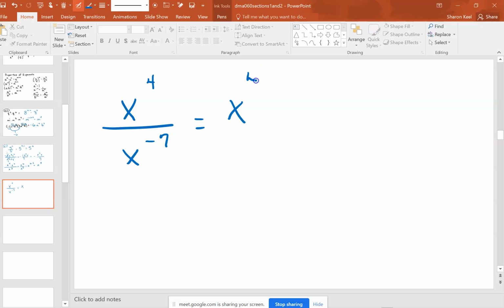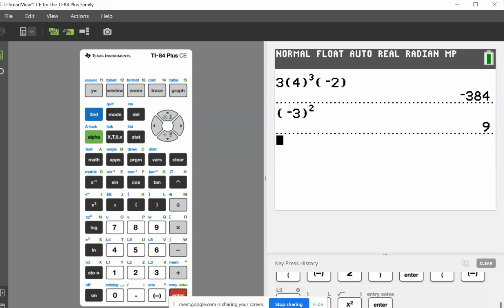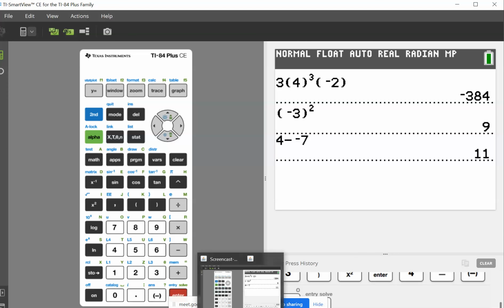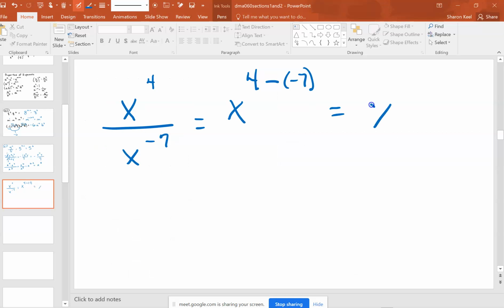So what we have is 4 minus negative 7. The mistake I see people do is they go, oh, 4 minus 7 is negative 3. Let's use our calculator. 4 minus negative 7. The negative sign is not the minus. So it's 4 minus negative 7, which gives us a positive 11. So this one would be x to the 11th.